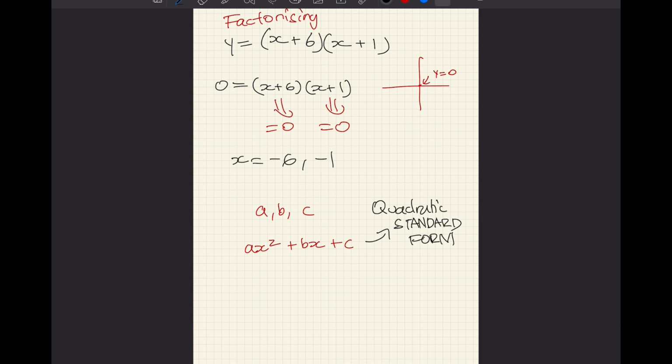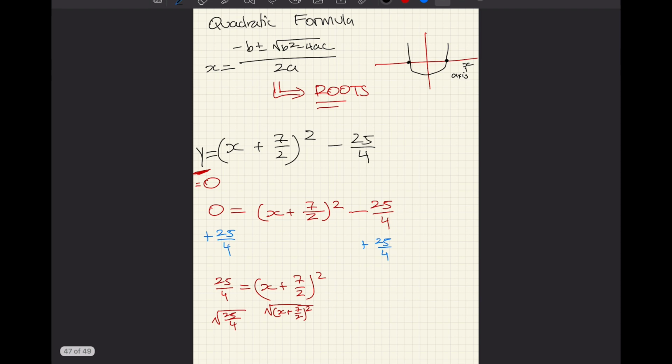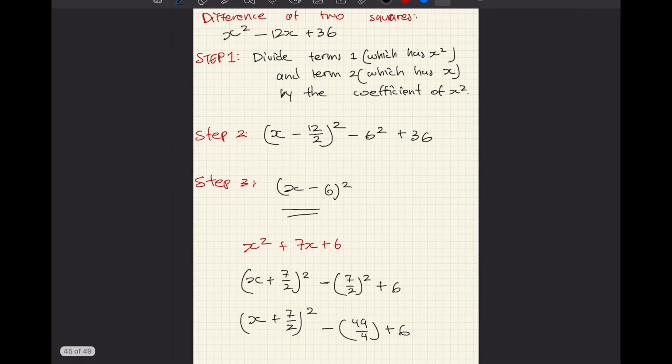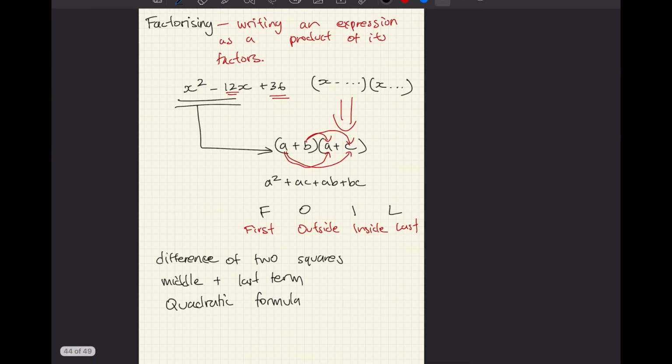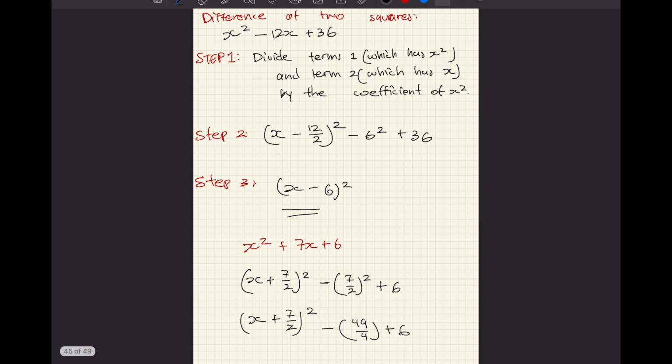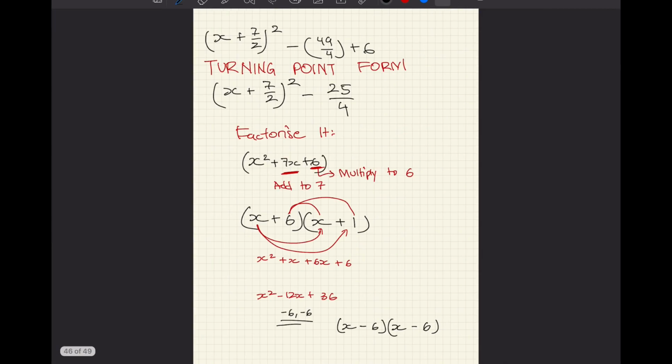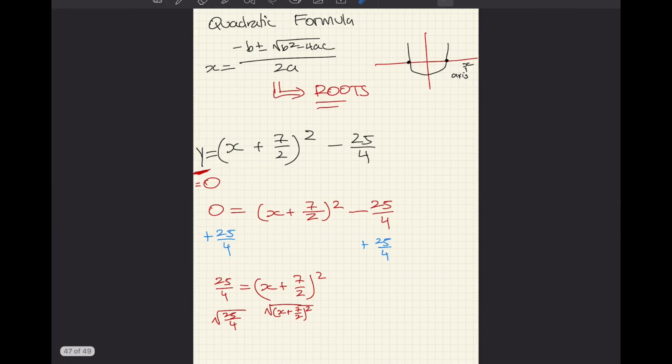In this video, we had a look at factorizing. We looked at how we can use the difference of two squares to factorize, how we can use normal factorization, recognizing the addition and multiplication of the roots, and how we can use the quadratic formula to solve for the roots.